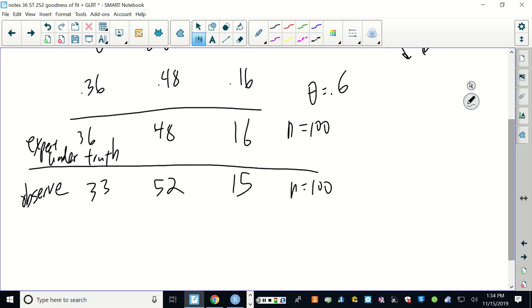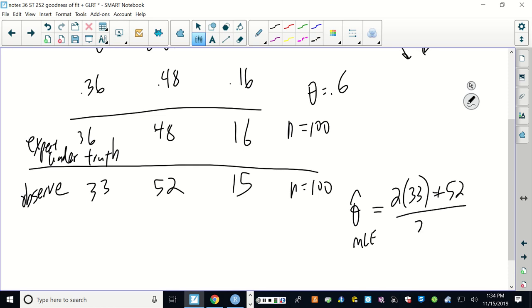We don't really know what theta is, so we'll probably estimate it. What we did with maximum likelihood before is that there are 2 contributions of the big A from the first group, 1 contribution from the second group, and 200 genes in all, and so this ends up being 0.59.